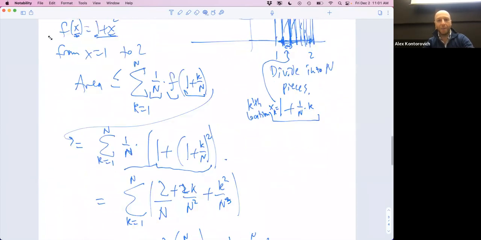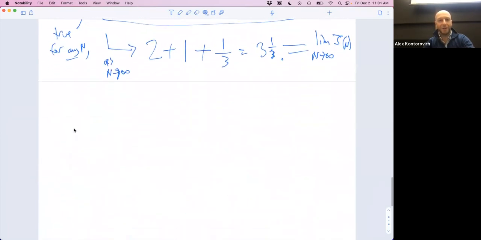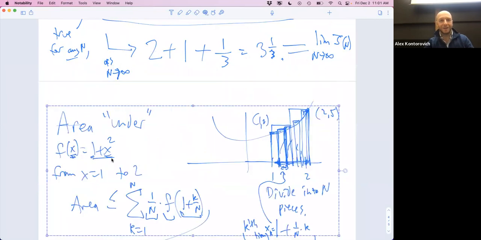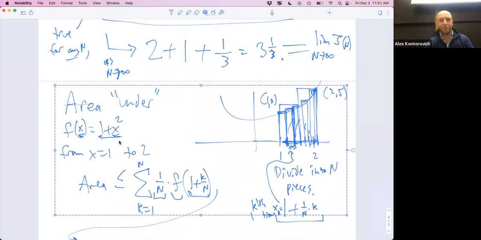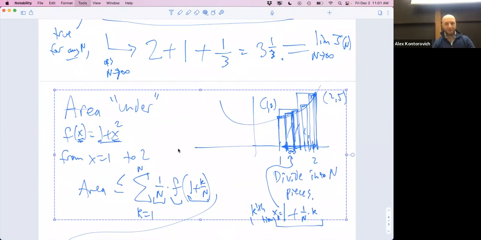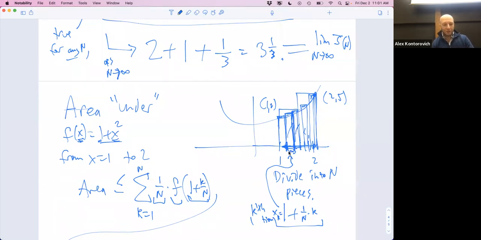So we gave an upper bound. Now let's give a lower bound. But this we can do much more quickly or efficiently. So now, instead of taking the right endpoint, which will give us an upper bound, let's take the left endpoint.